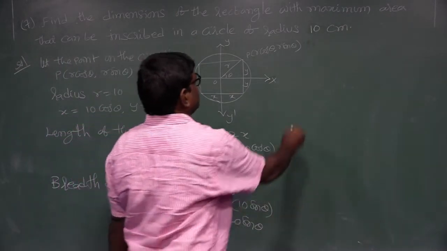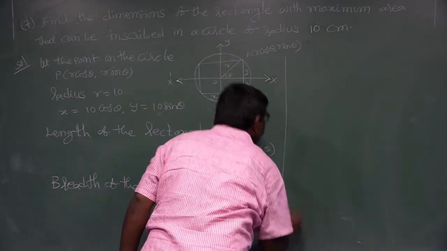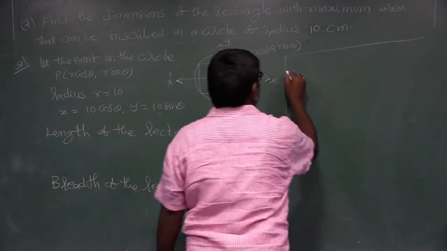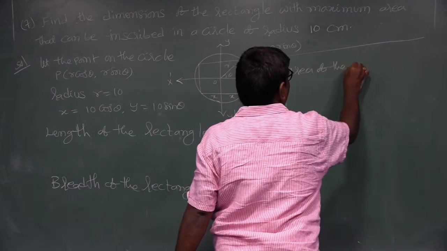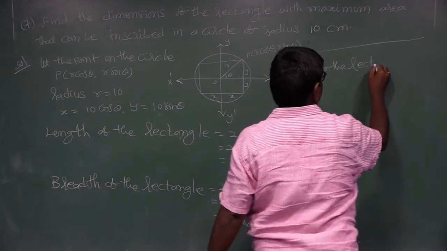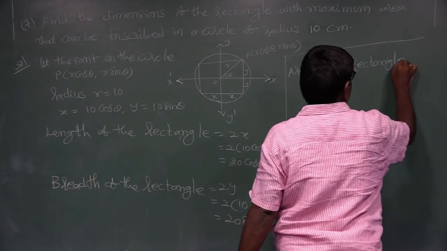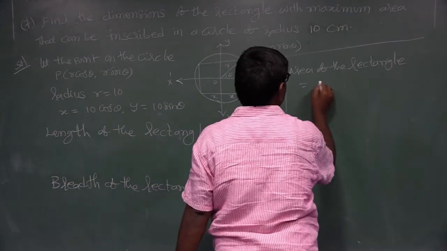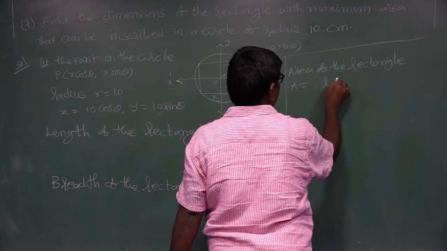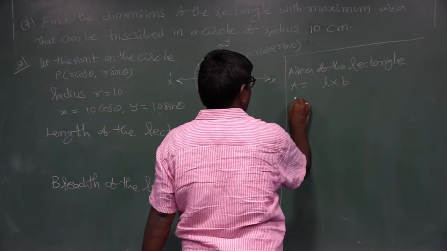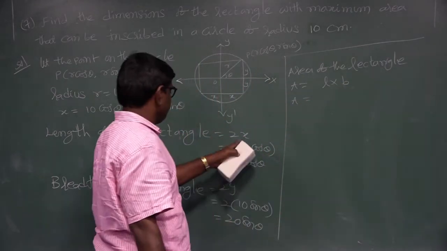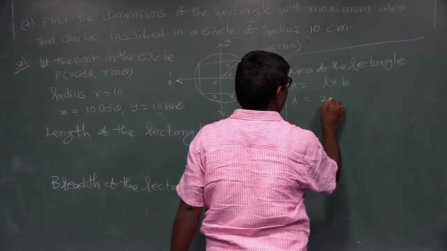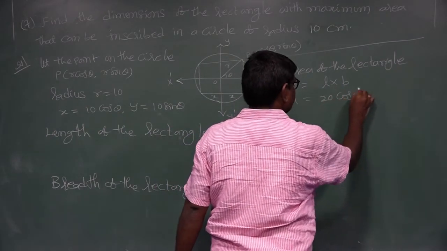Area of the rectangle equal to L into B. L value is 20 cos theta.